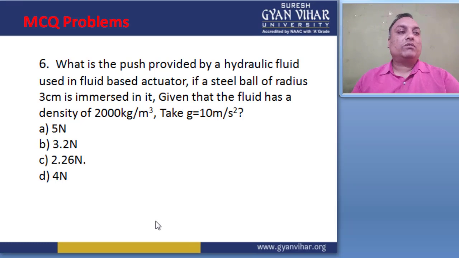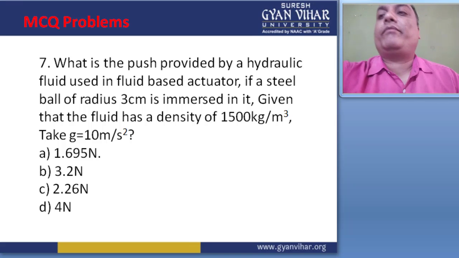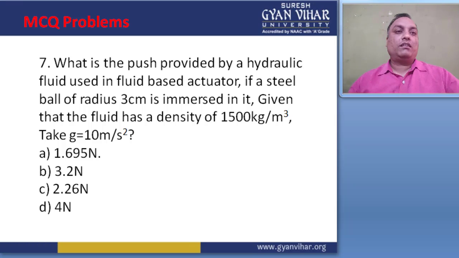And then move to the next question, number 7. What is the push provided by a hydraulic fluid used in a fluid based actuator, if a steel ball of radius 3 cm is immersed in it, and given that the fluid has a density of 1500 kg per meter cube, take g equal to 10 meter per second square.